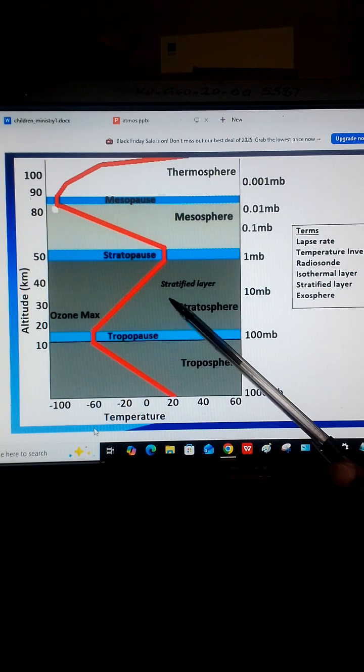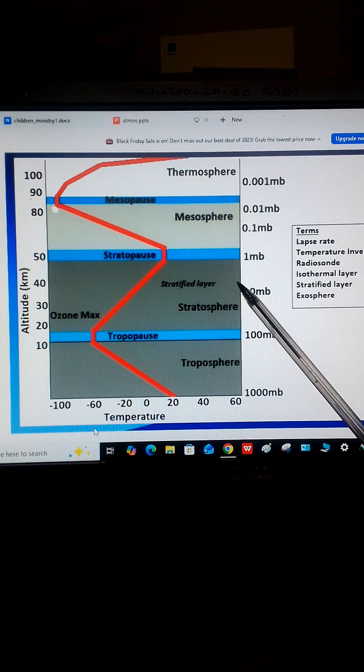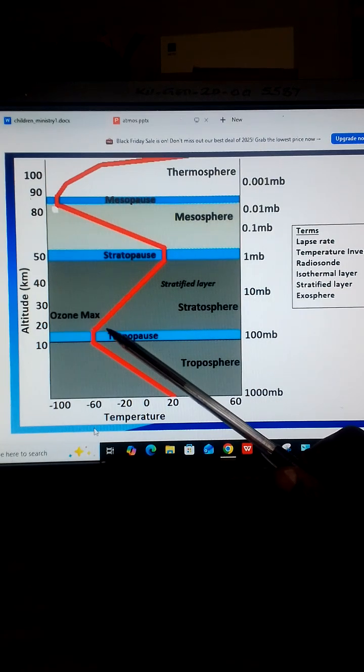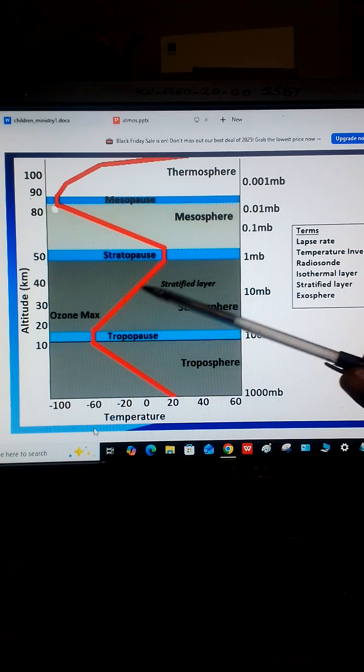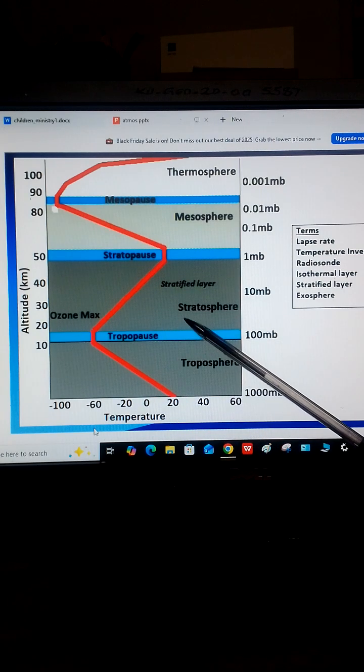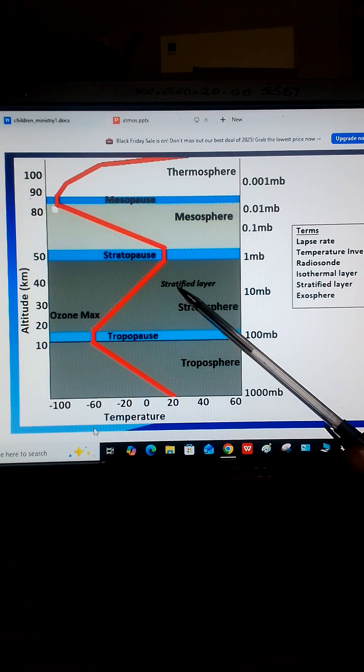Here, the atmosphere exists as stratified layers, since the inversion tends to reduce the amount of vertical motion. Where we have inversions, temperature increasing with the height, we cannot have vertical motions. They are inhibited. So this becomes a stratified layer.